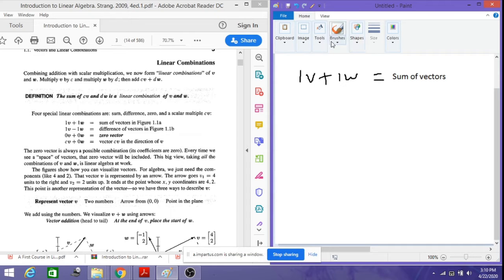Now likewise, if we subtract one vector from the other, you see the important thing here, the scalar quantity that is multiplying the vectors v and w is 1. So this we call the difference of the vectors.